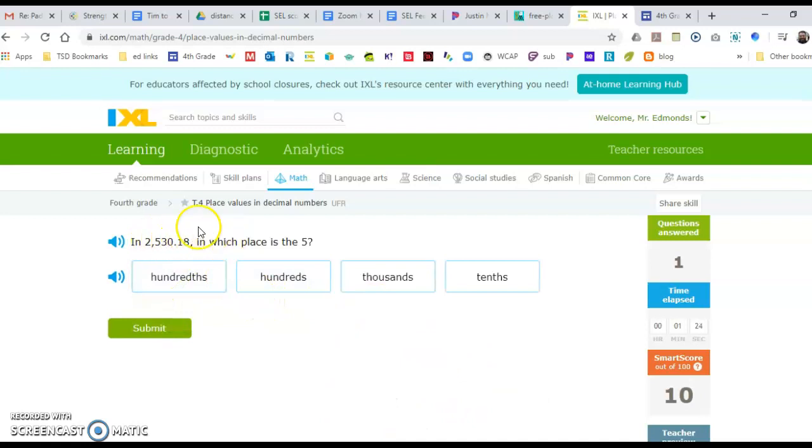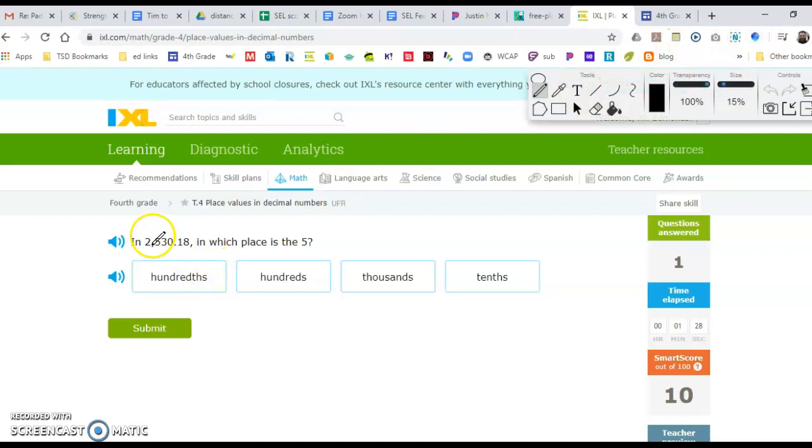Next number. Ooh, big scary number, but let's take a crack at it. Okay, so we read the number as 2,530 and 18. Now that 18 right there, you see the 8 is in the hundredths place, so we would say 18 hundredths. So 2,530 and 18 hundredths. So what place, remember place is where, is the 5? Well, the 5 appears to be located on the whole number side.